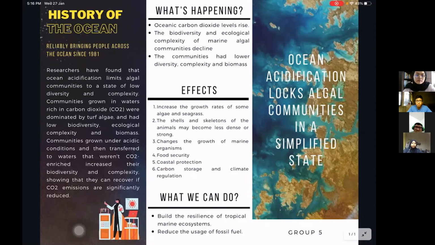And second is to build the resilience of tropical marine ecosystems, which means building an ecosystem that can be resistant and tolerant to higher acidity in the ocean water, so that the ecosystem can be sustained for a longer period.